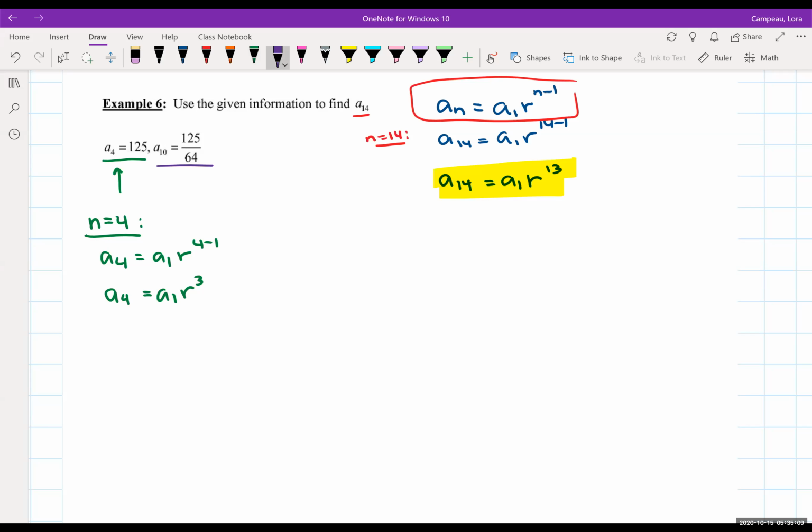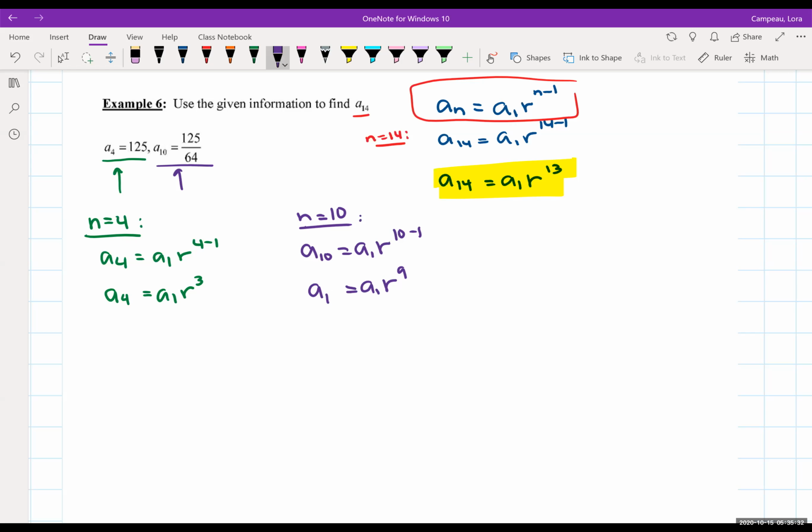We can do the same thing for the second term, where n equals 10, so it would be a sub 10. We have a sub 10 equals a sub 1 times r to the 10 minus 1. Clean it up a little bit: a sub 1 times r to the 9th. That's the value of a sub 10.